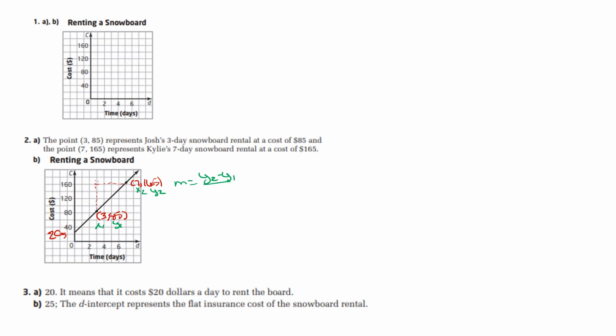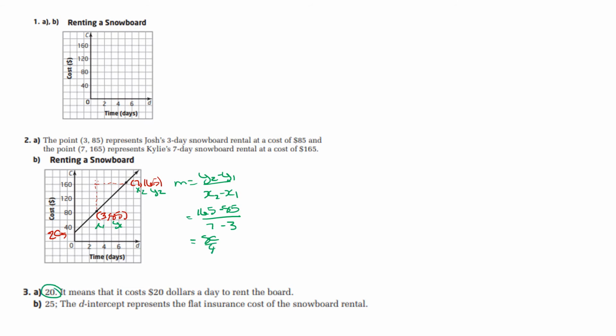I hope you all have it memorized by now. And we sub in. Our y2 is 165 minus 85 over x2 is 7 minus 3. So you're having 80 over 4, and that gives us a 20.